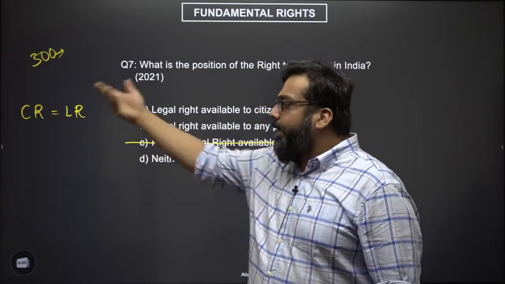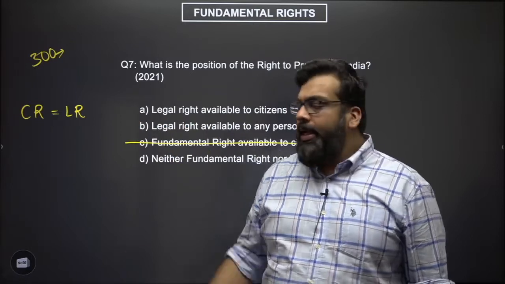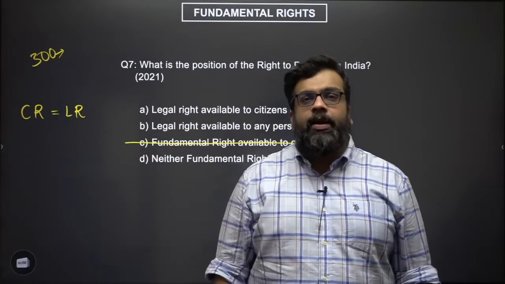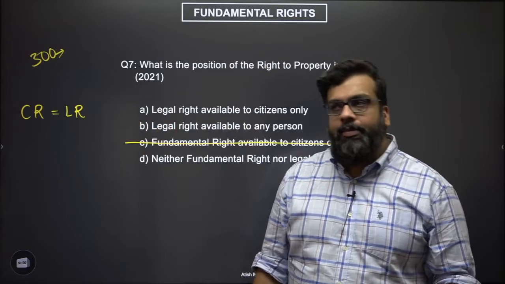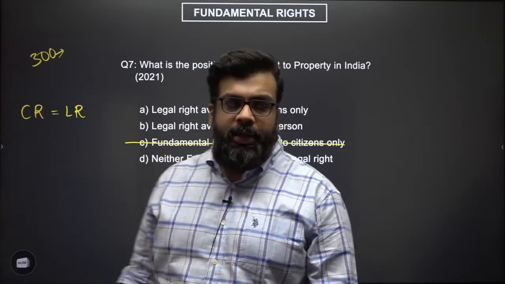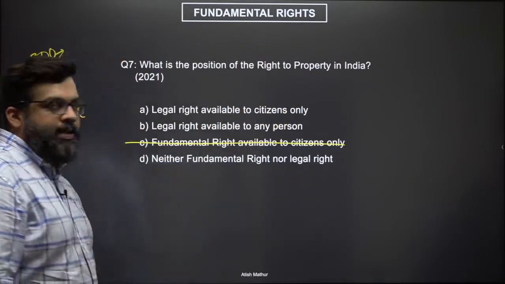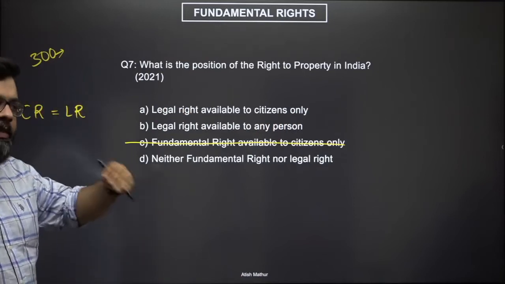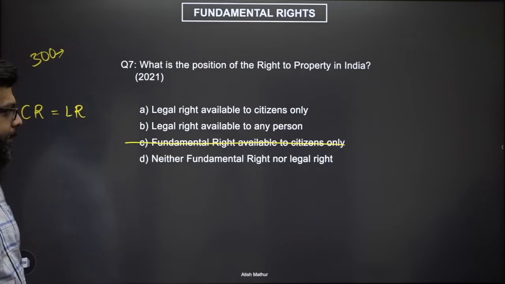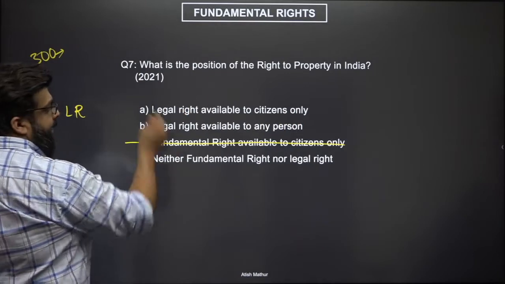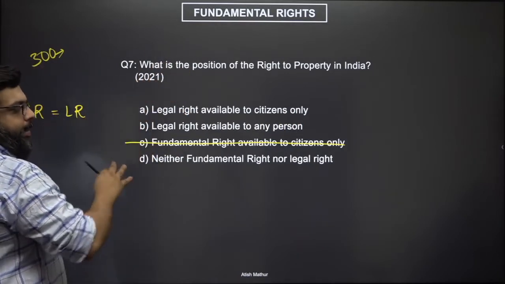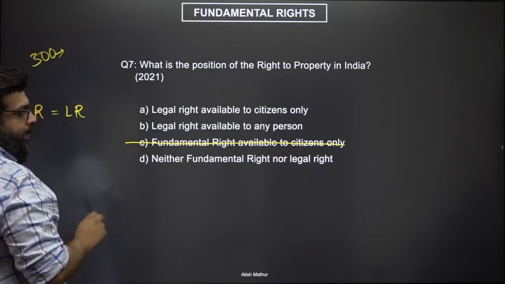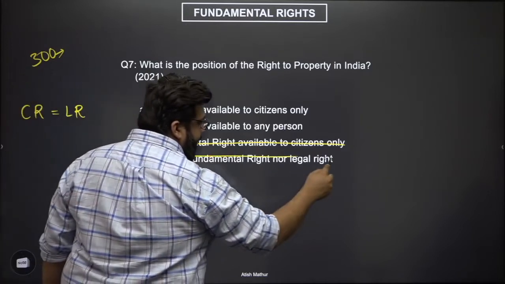That also applies to a case of the constitutional rights. We've discussed this in the rights chapter in the Magna Carta. I think it's lecture number 5, 5.1 and 5.2. So I think you should revise this in case you haven't. So constitutional right and a legal right are more or less the same in terms of enforcement, which means it is definitely a legal right. It is definitely not a fundamental right. So this is also out.